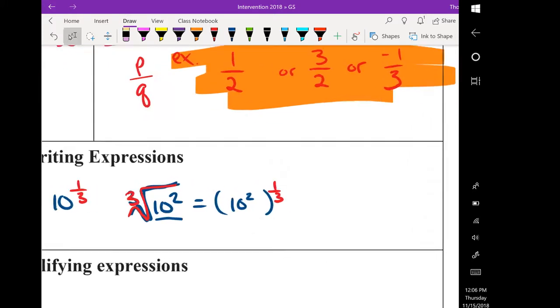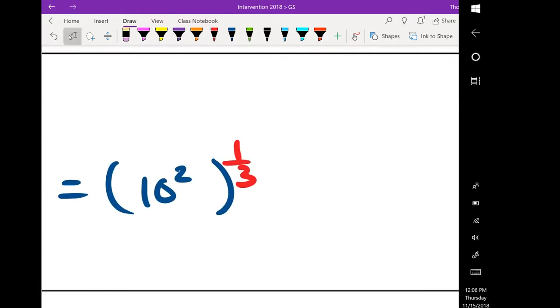We could take this a step further. If I zoom in and look at this, I see this 2 exponent in blue and the 1/3 exponent in red. We can combine them because they act just like fractions normally would. So this is going to be 10, and we want to combine these exponents. The operation we're doing here is multiplying.